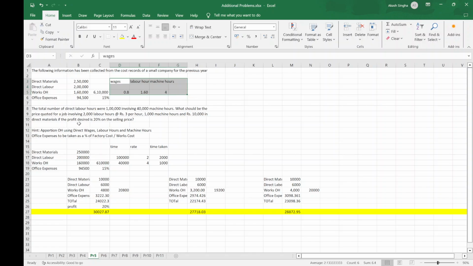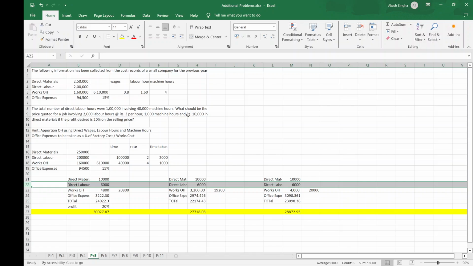Now what is given is the price to be quoted for a job of 2000 labor hours at rupees 3 per hour. So direct labor is 6,000. Direct material is also given, 10,000.